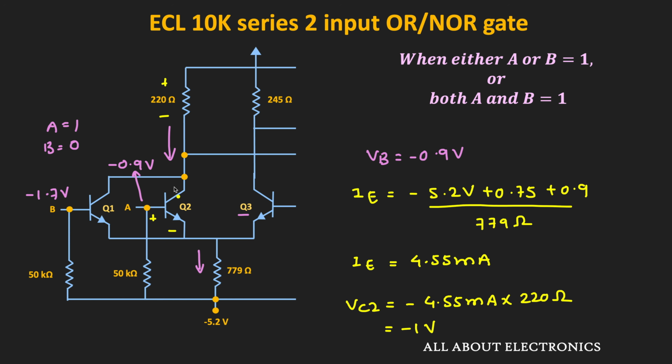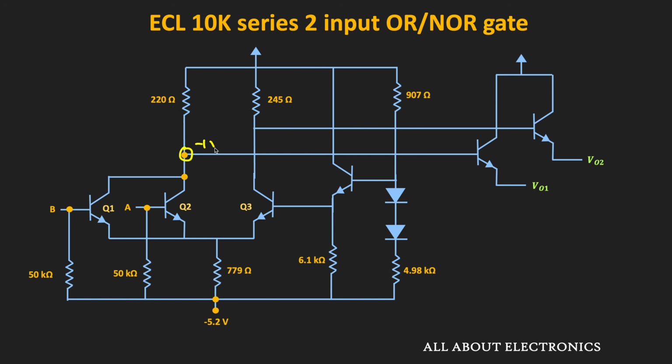So because of that, if we see the output voltage, then that is equal to minus 1 volt minus 0.75 volt. So that is equal to minus 1.75 volt. While if we see the VO2, then that is equal to minus 0.75 volt minus the drop across this 245 ohm. So that will depend on the load.